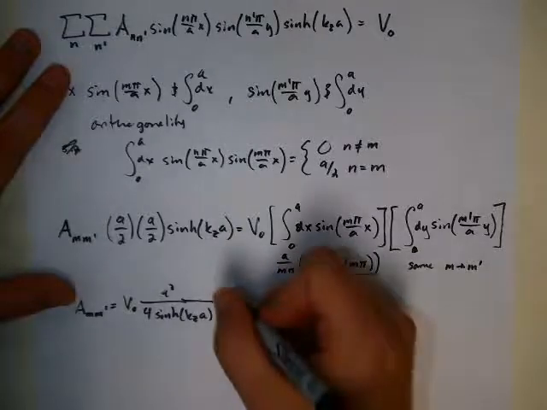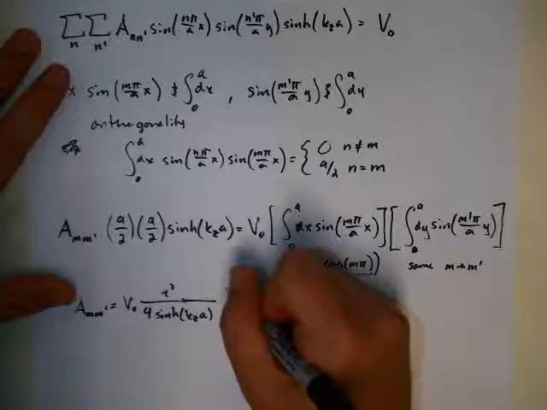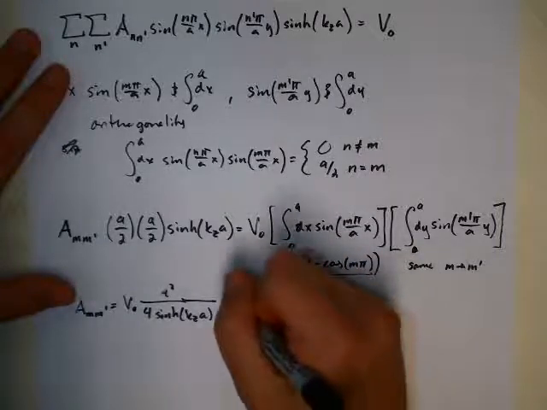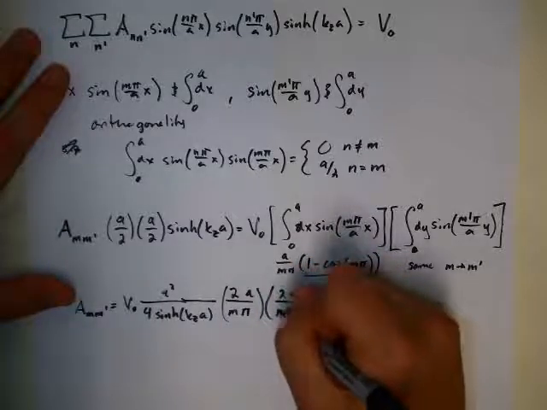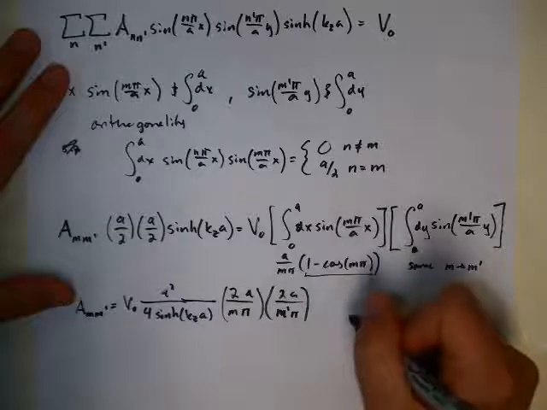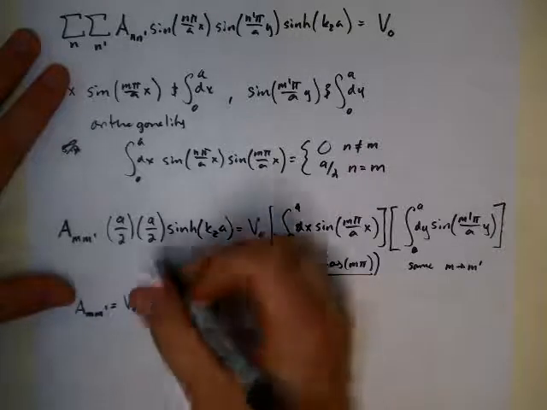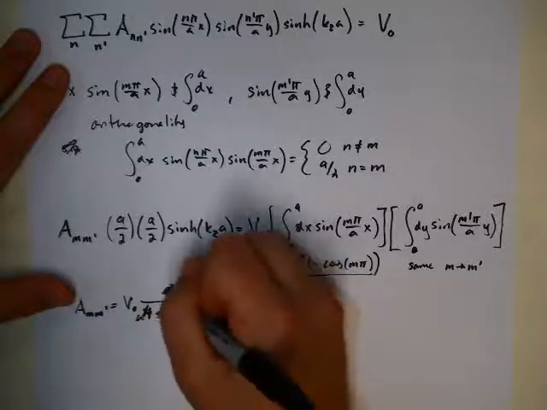And then from both of these, I'm going to have a 2a over m pi and a 2a over m prime pi. And this was a squared on bottom and a 4 on top.